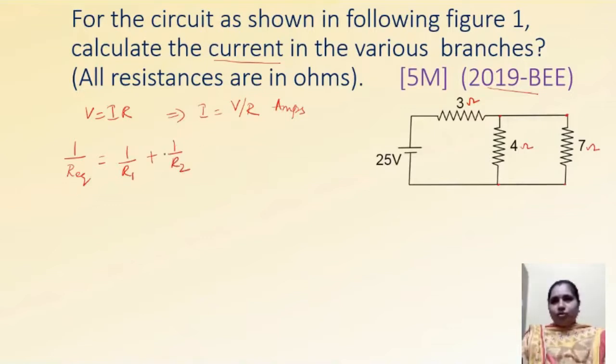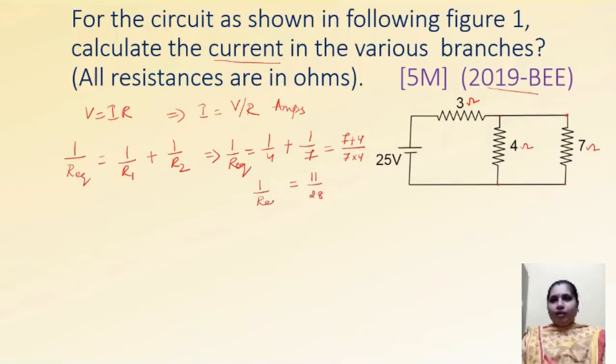So 1 by R equivalent equals 1 by 4 plus 1 by 7, which is 7 plus 4 divided by 7 into 4, so it is 11 by 28. This is the 1 by R equivalent value. R equivalent is the reciprocal, that is 28 by 11.